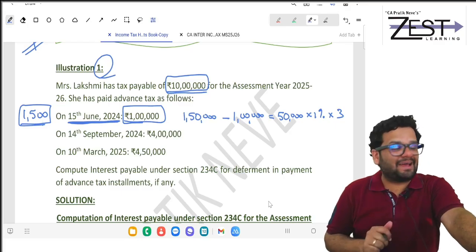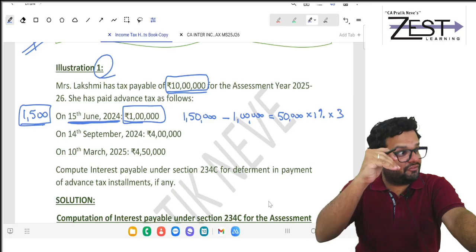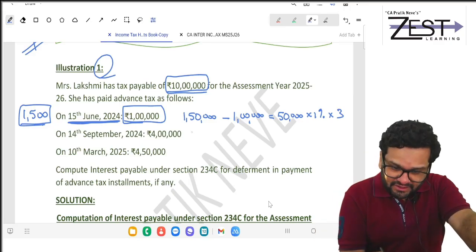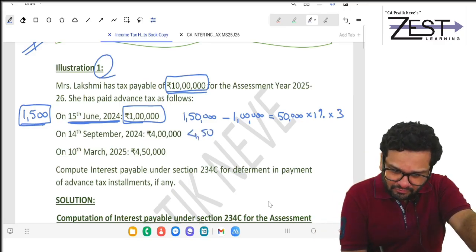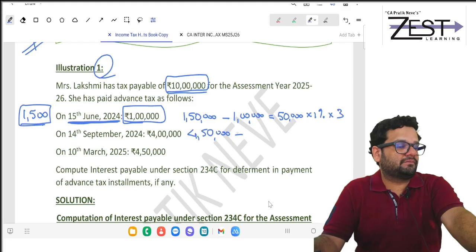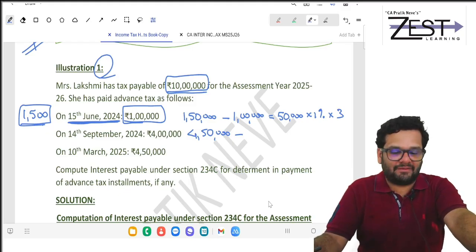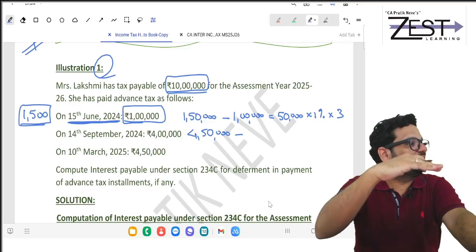Now what was the next slab? 15% and 45%. Friends, you should have paid 4 lakh 50,000. Make that mistake which everyone makes. How much have you paid? 5 lakhs. 45 is cumulative.